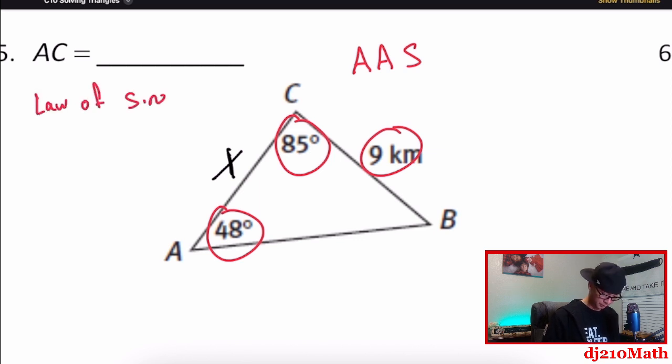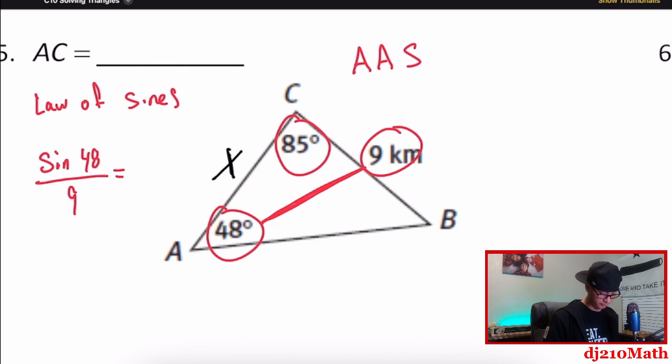The big thing here is that I need to know an angle and the side across from it. So this is going to be sine of 48 over 9. And that's going to be equal. I know that I'm going to need x in the bottom, because that's what we're looking for. And now I need the angle across from it.